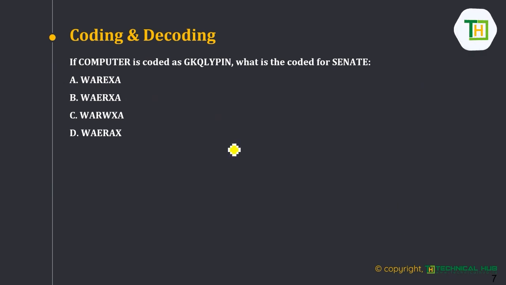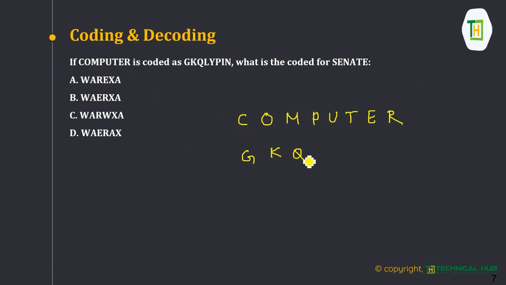Okay. So computer is an 8-letter word and its code is also 8 letters. That means I can check how the corresponding letters are coded. So I'll write here computer, G, K, Q, L, Y, P, I and N. If you don't understand exactly how they are related, try to convert them into numbers.